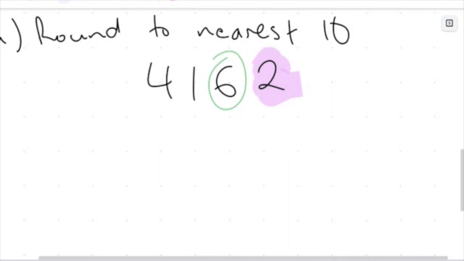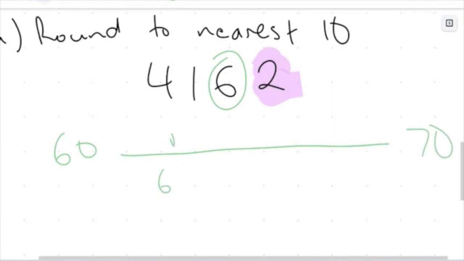So the nearest 10 to 62, if I look at going up in tens, for example, 10, 20, 30, 40, 50, 60, 70, what's closer to 62? Is it 70 or 60? Well, you can see 62, if I were to write it on a number line from 60 all the way to 70, 62 is about here.